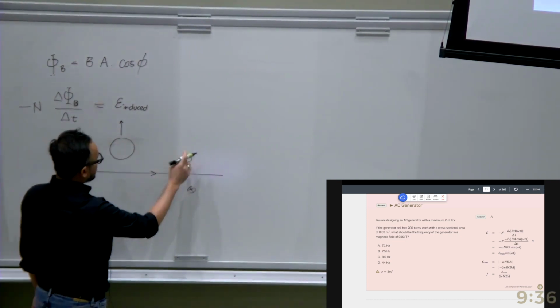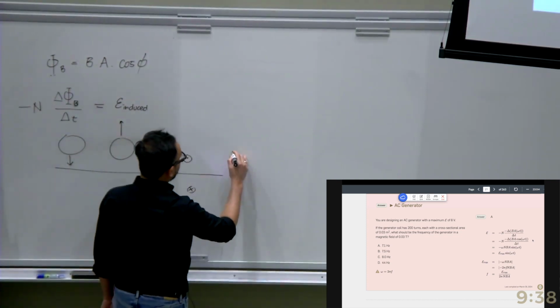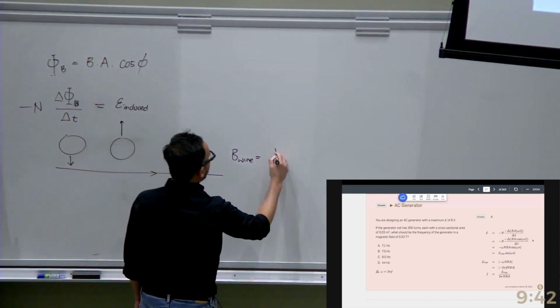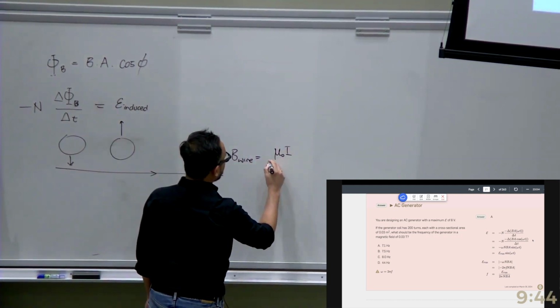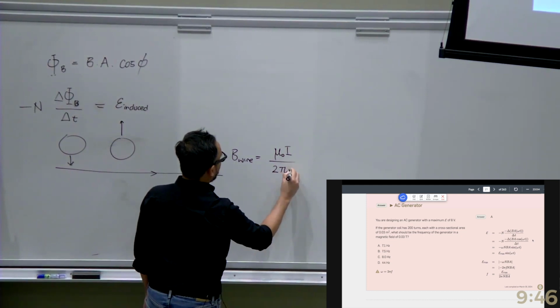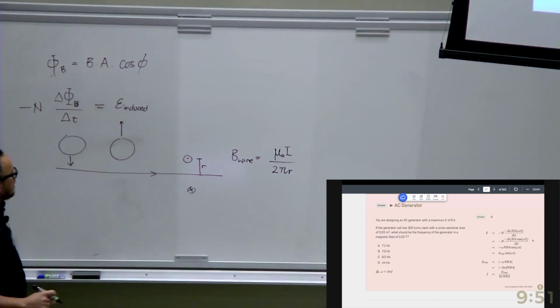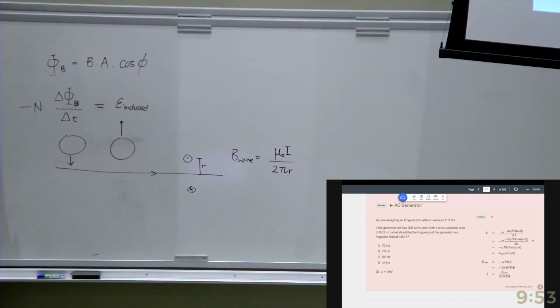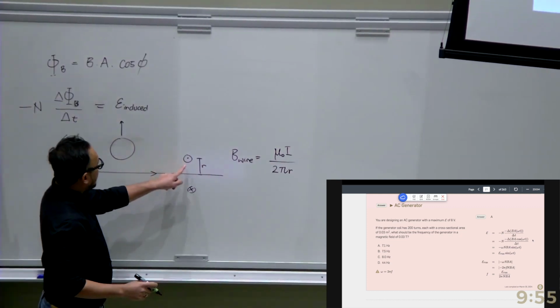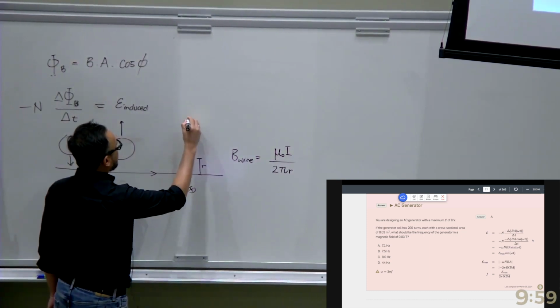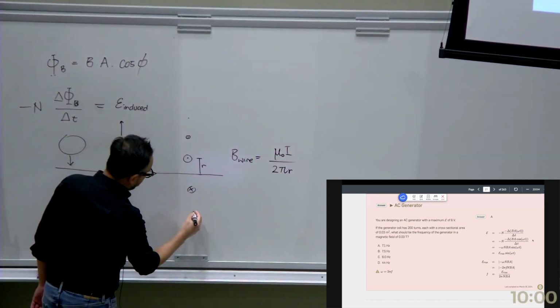So first, notice that the magnetic field of a wire is, I think, mu naught I over 2 pi R. This is using Ampere's law, where R is the distance between the wire and the point of interest. Then further from the wire, the magnetic field will be less, right?